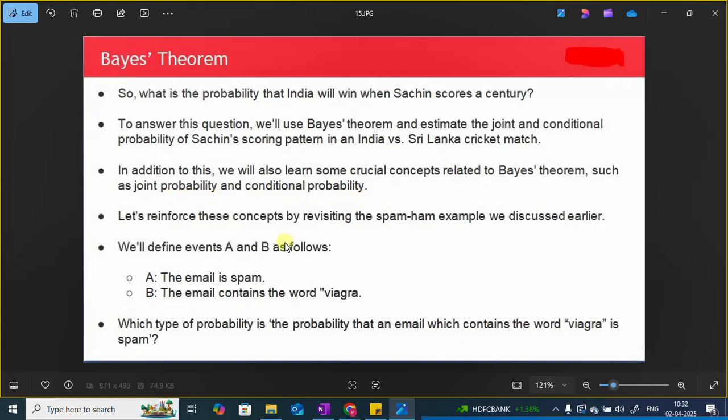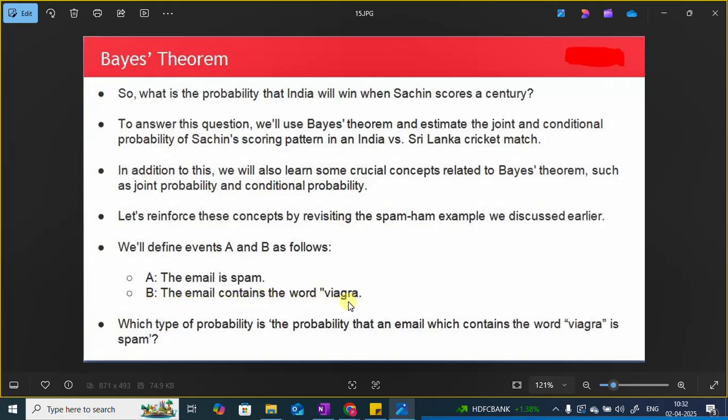Let's reinforce this by revisiting the spam ham example we discussed earlier. We'll define events A and B as follows. A: the email is spam. B: the email contains the word Viagra.